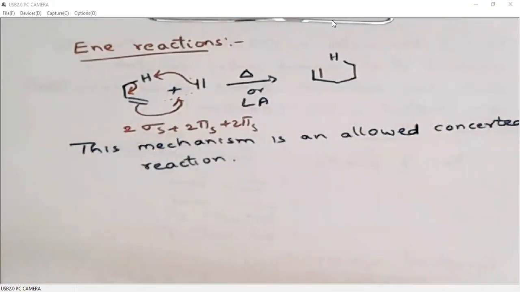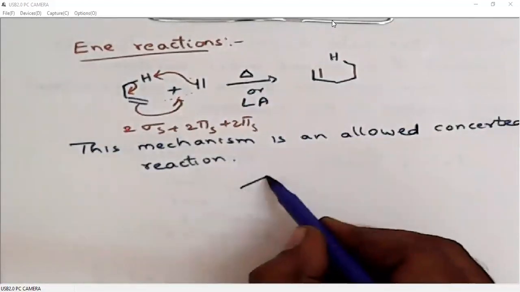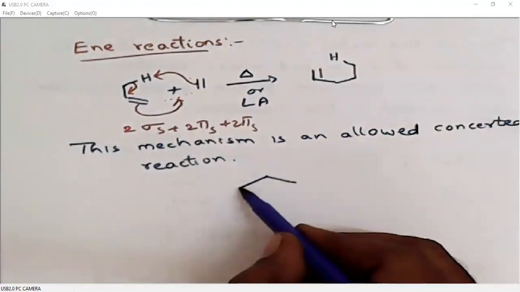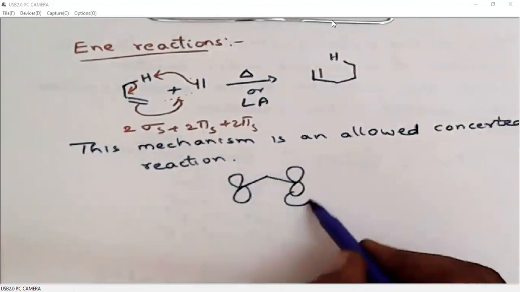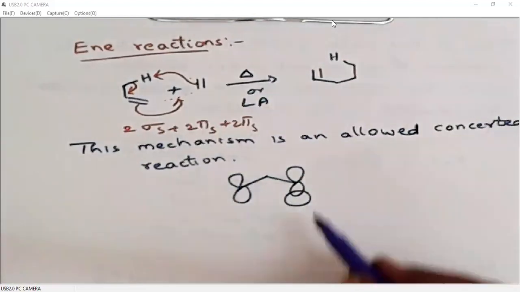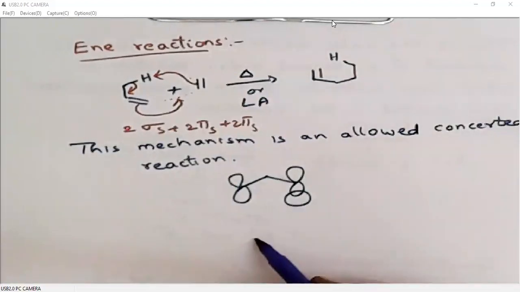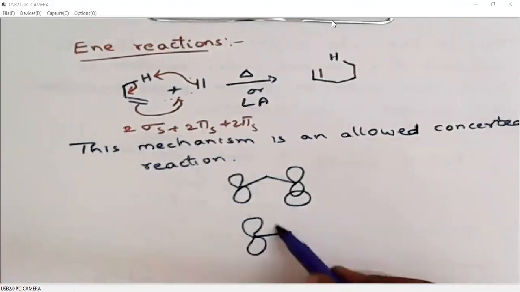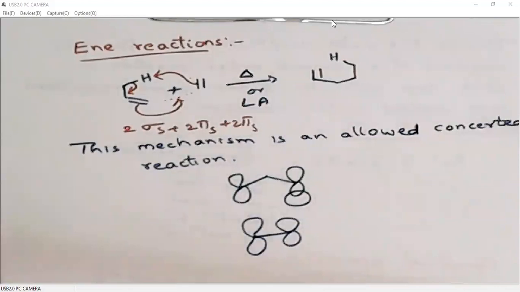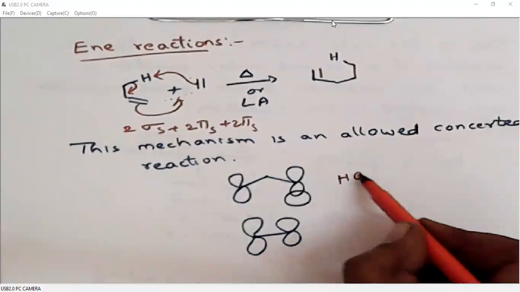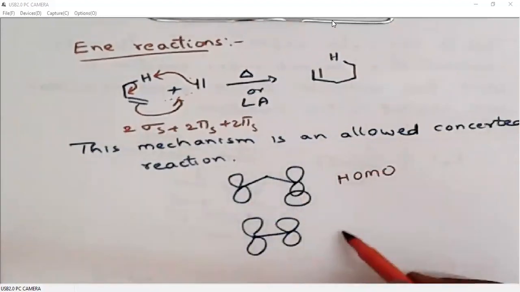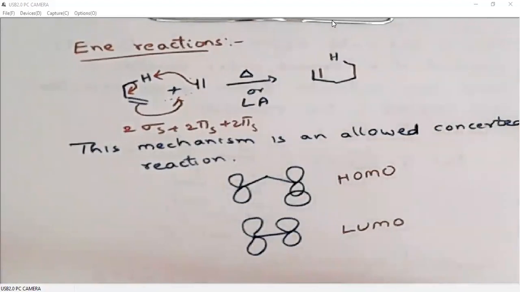How do we explain the mechanism of ene reaction using molecular orbitals? We will take the HOMO of the allyl system, and there is a hydrogen on the allylic carbon. So this represents the allylic hydrogen, and we are treating this with an alkene. So the ene reaction occurs between the HOMO of the allylic system and the LUMO of the alkene.